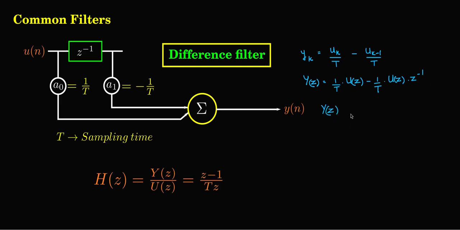So this can be easily simplified. Take out U(z) common, put it in the denominator, you have 1 by T into 1 minus z to the power of minus 1, which is nothing but z minus 1 by T z. So this is the transfer function of a first order differentiator or a difference filter.